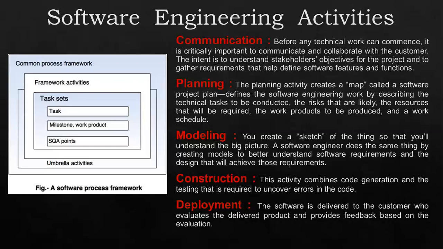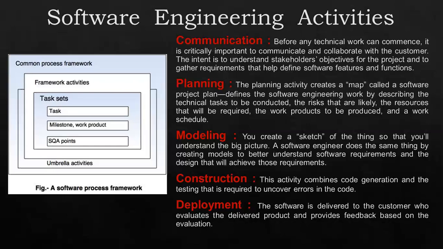Once the modeling is completed, we need to go to construction activities. This activity combines the code generation and the testing that is required to uncover the errors in the code. After that, we need to deploy it. The software is delivered to the customers who evaluate the delivered product and provide feedback based on the evaluation.